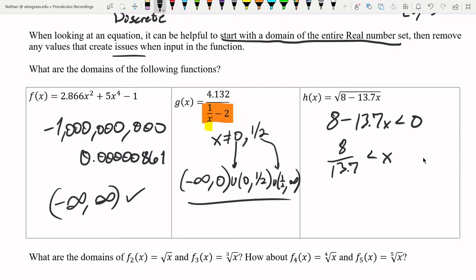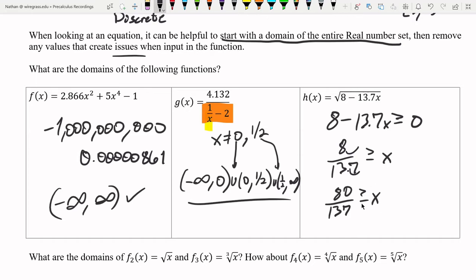We can calculate this as a decimal number, but it looks to be long, so I'm just going to write it as 80 over 137, moving one place over, because I don't want fractions and decimals in the same expression. So these are problems. Saying x cannot be this is the same as saying that we only want x to be greater than or equal to 0. That's what we want. So this is the acceptable numbers.